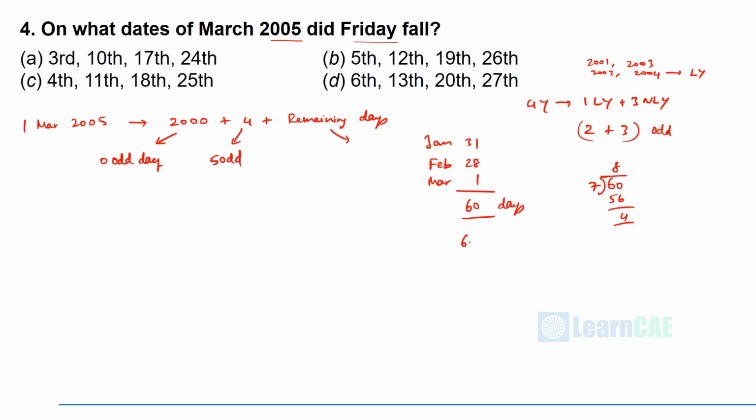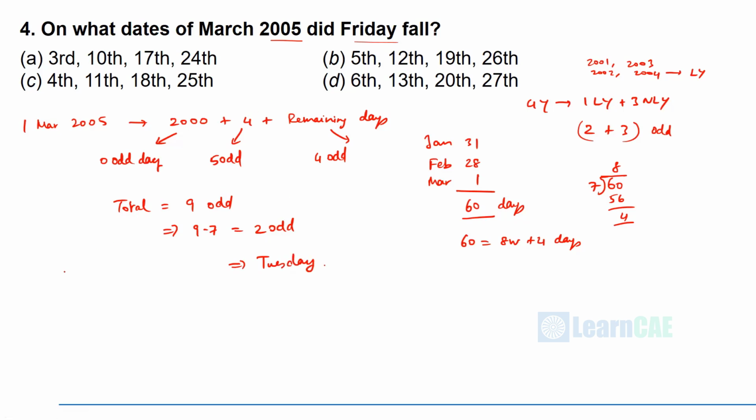Therefore 60 days is equal to 8 weeks plus 4 days. So in the remaining days there are 4 odd days. So total number of odd days is 5 plus 4 is 9 odd days, which again corresponds to 9 minus 7, which is equal to 2 odd days. So 2 corresponds to Tuesday.